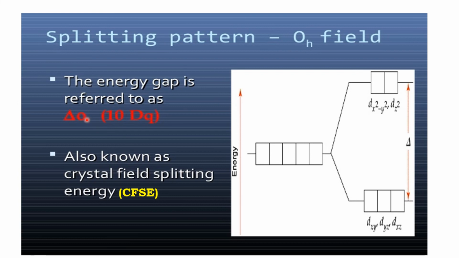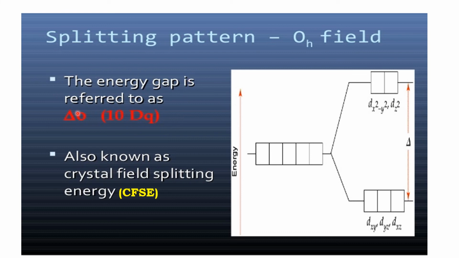O means octahedral. And this delta value is called 10 dq value. 10 dq is a specific value, like centimeter or meter we could say. That is a reference value.